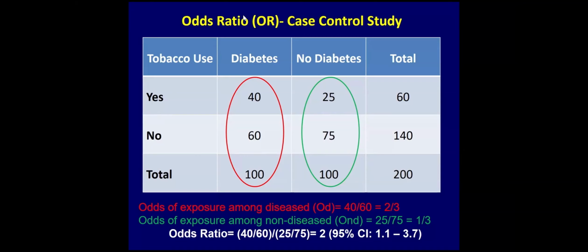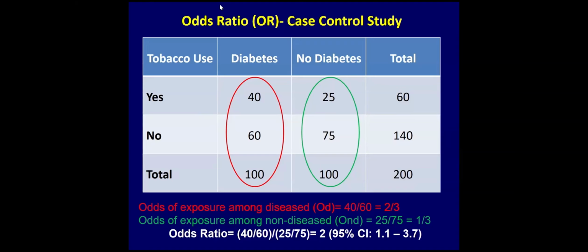This odds ratio of 2, what does it mean? It just means those who are having diabetes have 2 times higher odds of exposure to tobacco when compared to those who are non-diabetic.